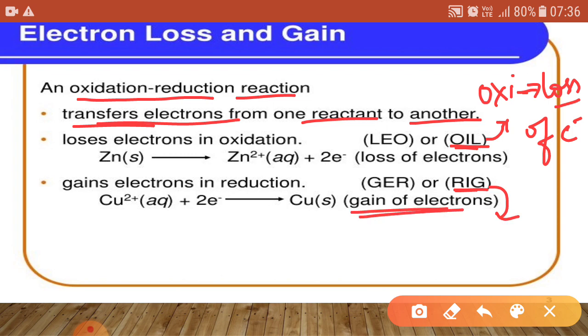In this example, zinc is losing the 2 electrons, and copper is gaining the electrons.